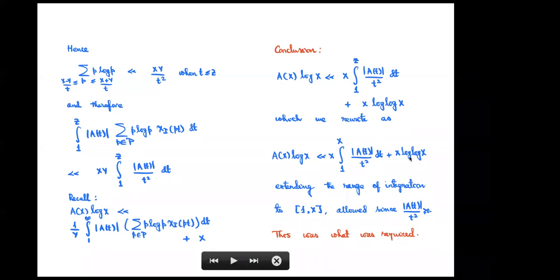In that case, improving this log x to anything better won't make any difference, because log x by log x goes to 0. That is done. And for the main term, we are only able to show that it is little o of log x. So improving the log x doesn't really make any difference. That is what I want to say. Thank you, sir.